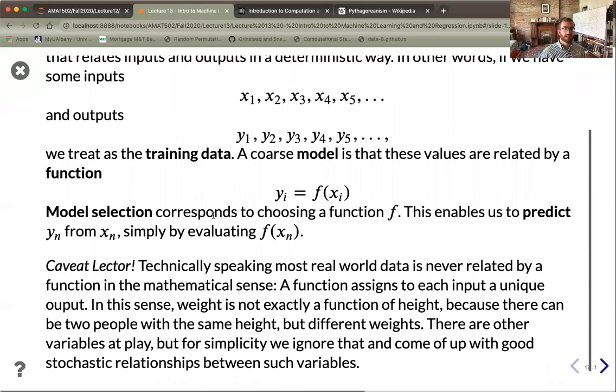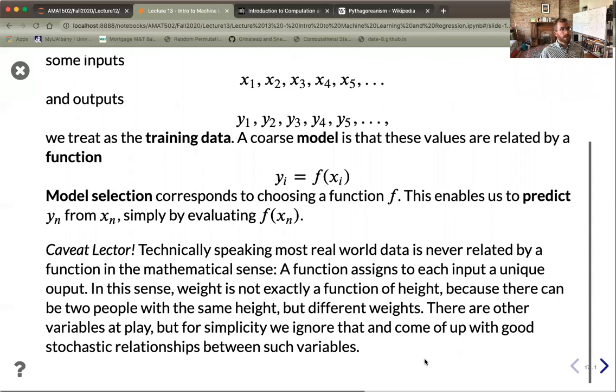So model selection then, once we assume there's a functional relationship between our values, is how do we actually choose the function f? And so this is the thing that allows us to predict our y_n from our x_n, or that's going to be, say, our nth value from our nth step in the sequence.